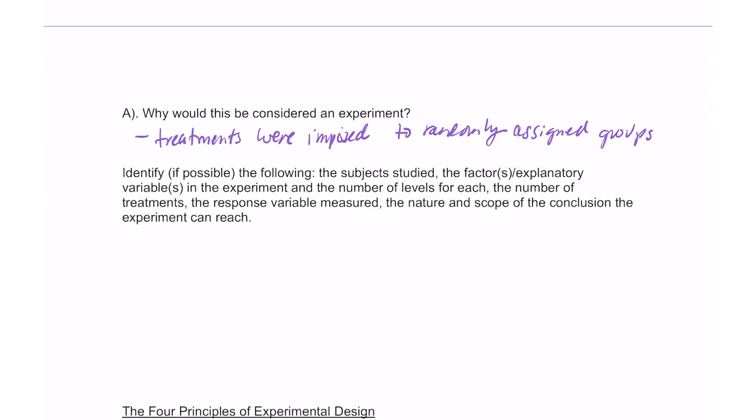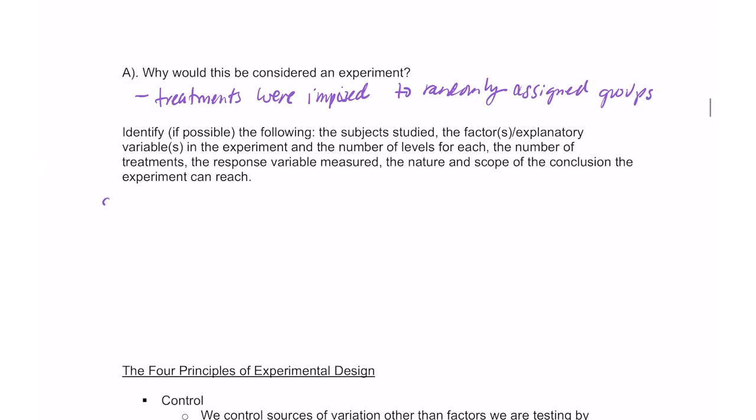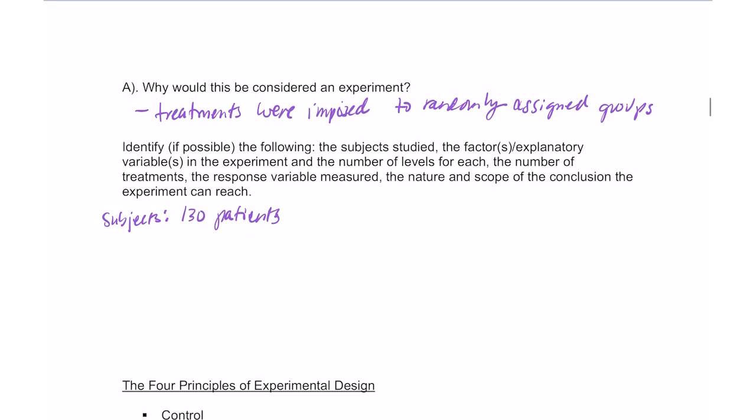The next thing we need to do is identify, if possible, the following. So the subject studied, that would be in the problem. It tells us 130 patients were assigned to those two treatments. Next, I need to look at the factors, right? So, that's also known as your explanatory variable.